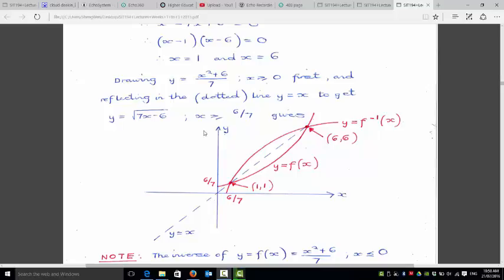Anyone who can tell me why is that? Because the original function and the inverse function are reflections of each other in the line y equals x.